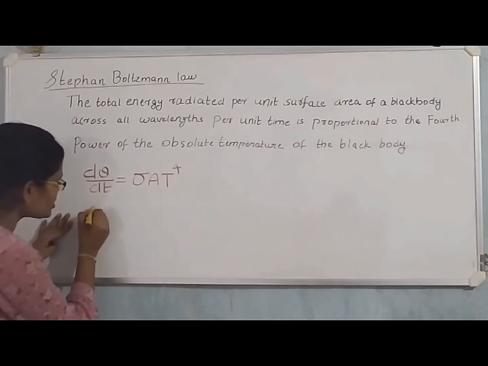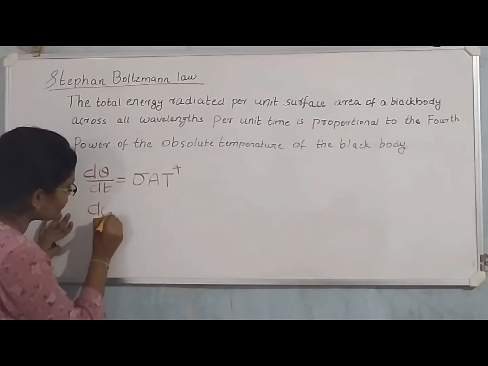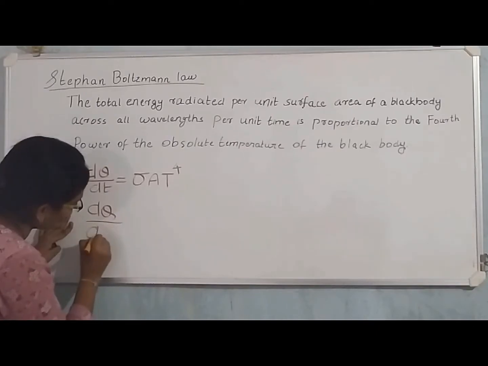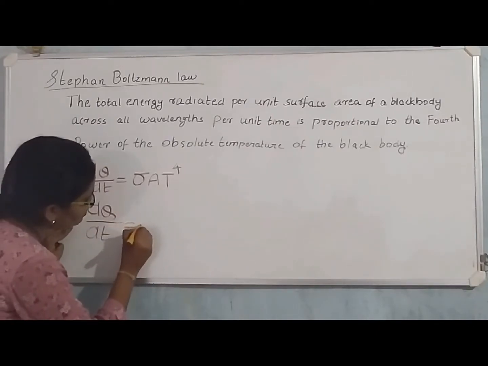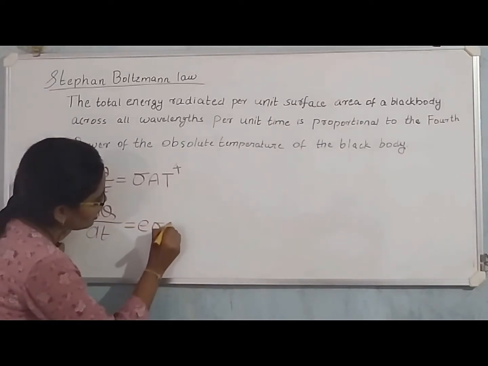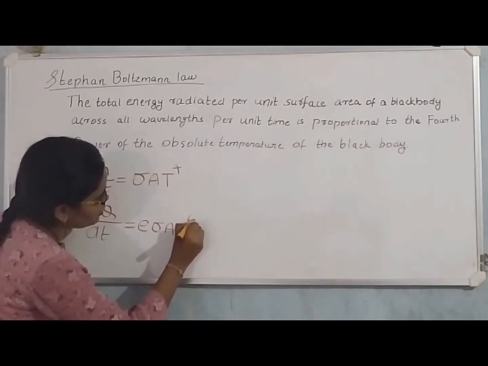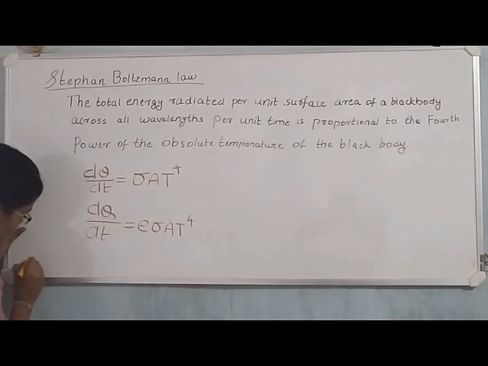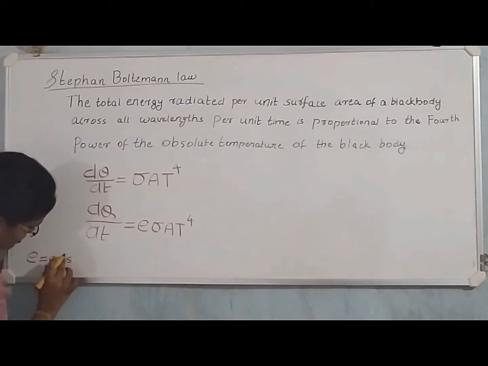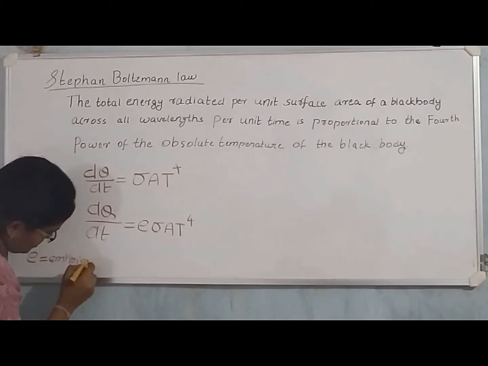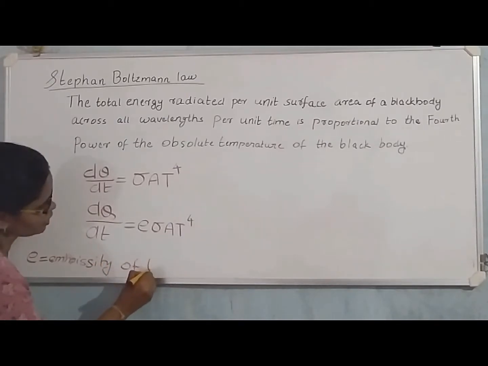For an object which is not perfectly black, the equation becomes dq over dt is equal to E into sigma into A into T power 4, where E is the emissivity of the object.